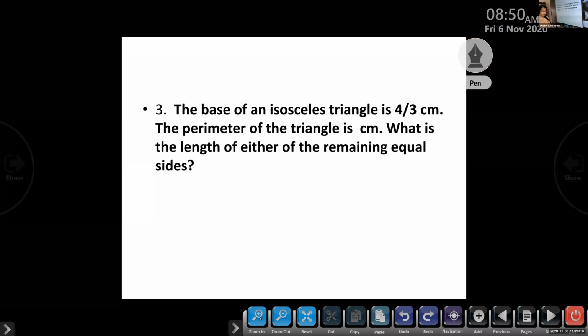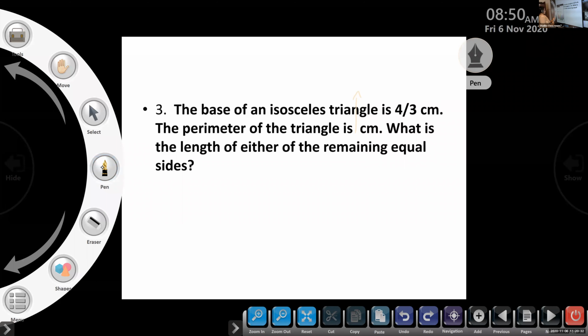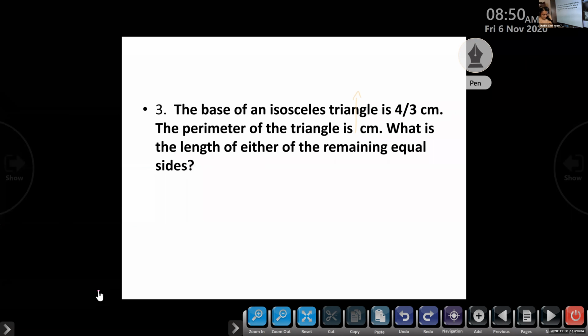The perimeter of the triangle is 4 and 2 by 15 centimeter. Write that there. What is the length of either of the remaining equal sides?